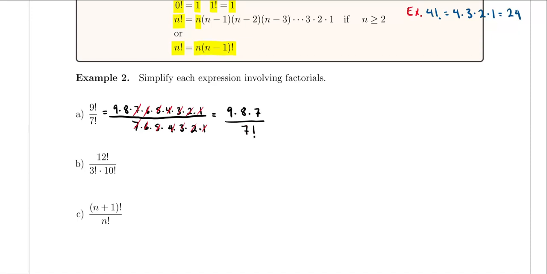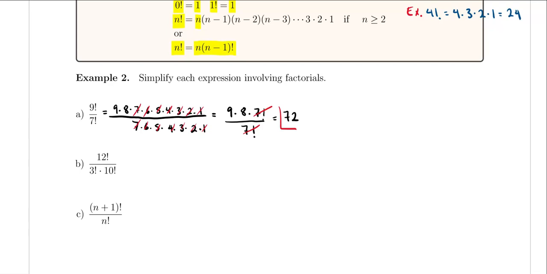Yes, we could have written it as 9 times 8 times 7, but we could have simplified our work by saying that you're multiplying 9 times 8 times 7 factorial, and that way you can cancel out the 7 factorials, which still gives you 9 times 8, which is 72. And there we go. This is our final answer.